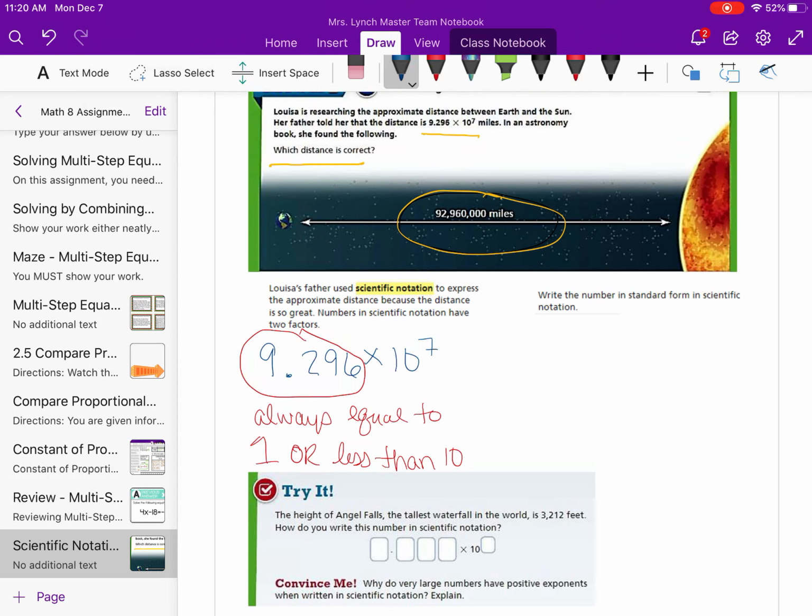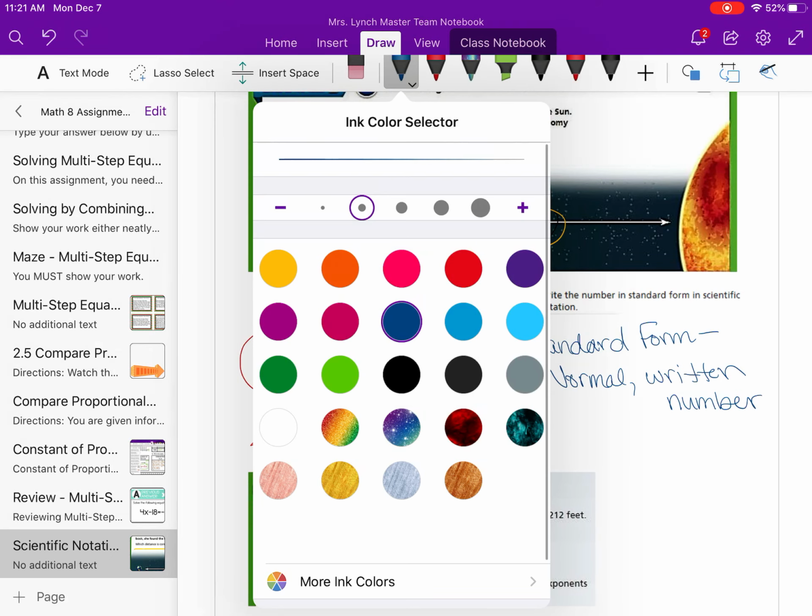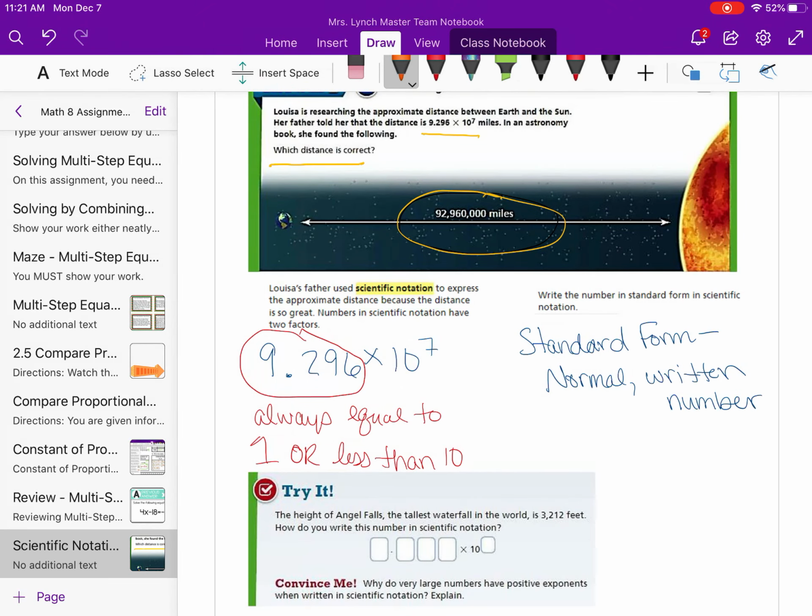All right, so now let's compare what she found in the book. This is called standard form. This was called scientific notation over to the left. Now standard form is just what I like to call a normal written number, like what you see in the picture above. So here's the number that she gave us.